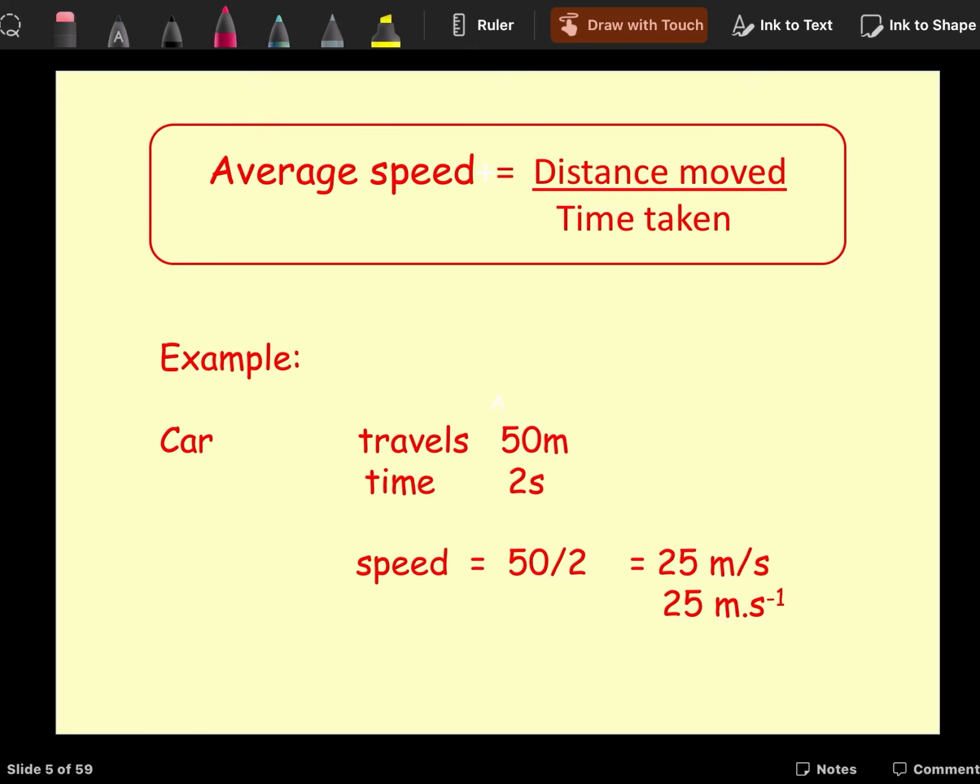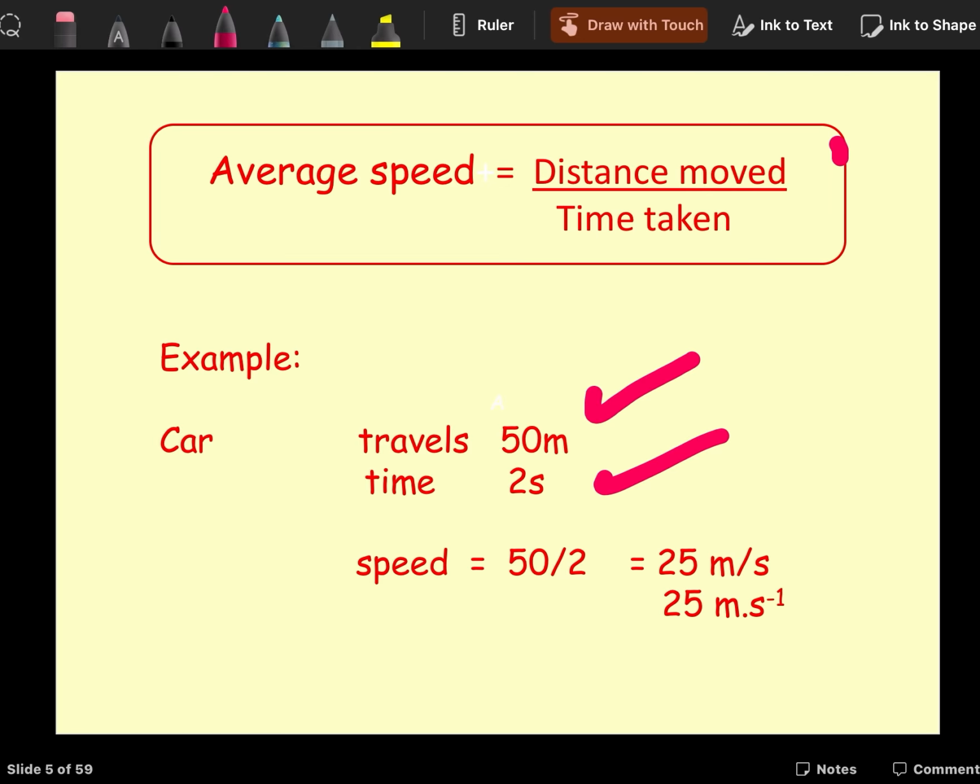Okay, look at how you will solve the questions. First of all, you must know this equation. Average speed equals distance over time. For example, a car travels 50 meters in 2 seconds. Look, you have two things. 50 meter is a distance, time is 2 seconds.